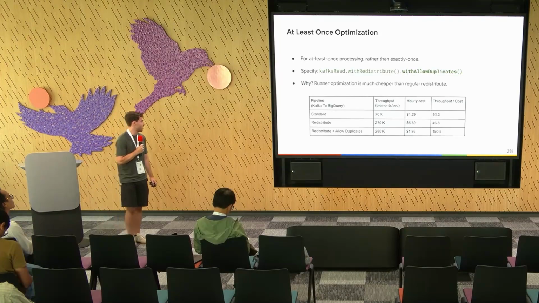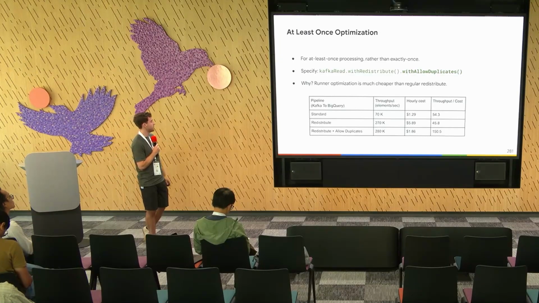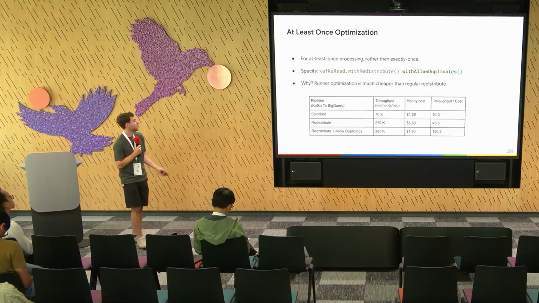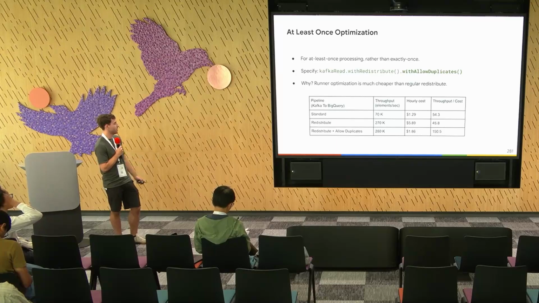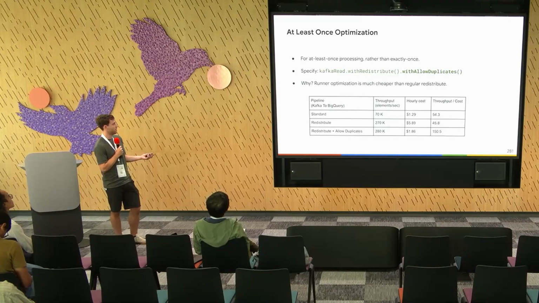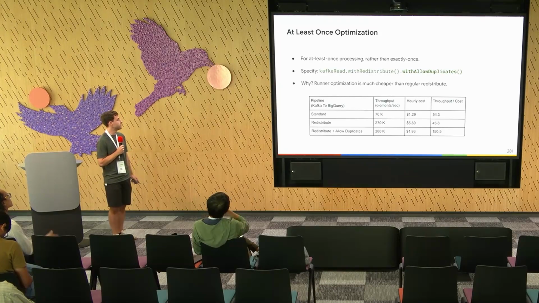So you can see how adding redistribute helped you achieve higher throughput, but at more cost. And using the allow duplicates mode, if that's okay for your needs, can bring the cost back down to similar to what it was before, but still with the higher throughput.